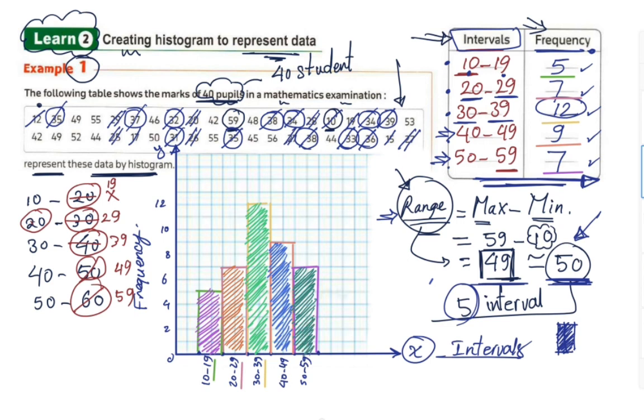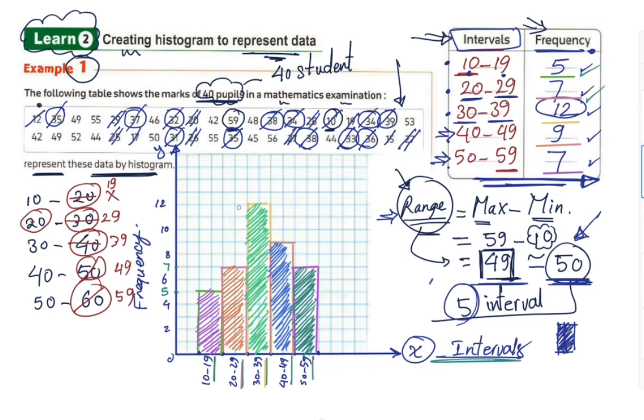Okay, now you have 5 intervals: 1, 2, 3, 4, 5, and each interval on the x-axis has a rectangle with its frequency. Here we have 5. The second one goes to 7.